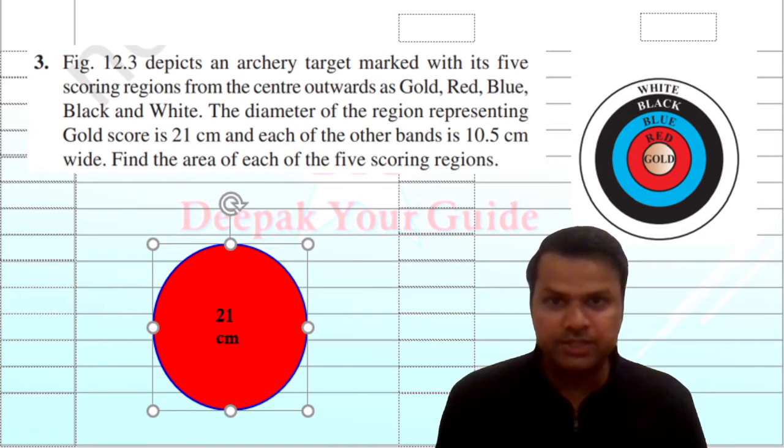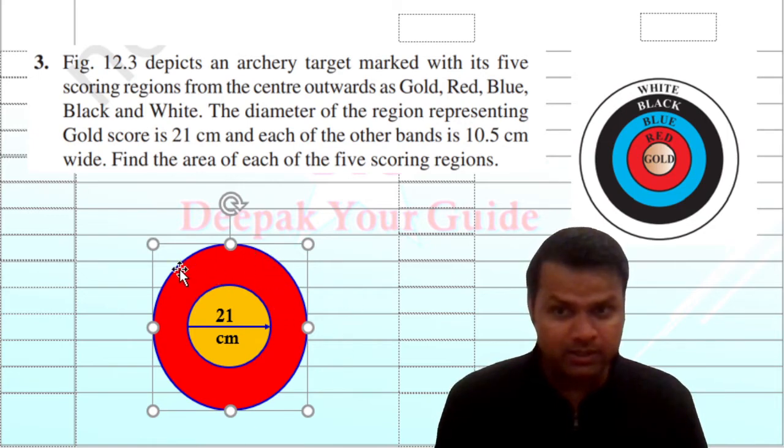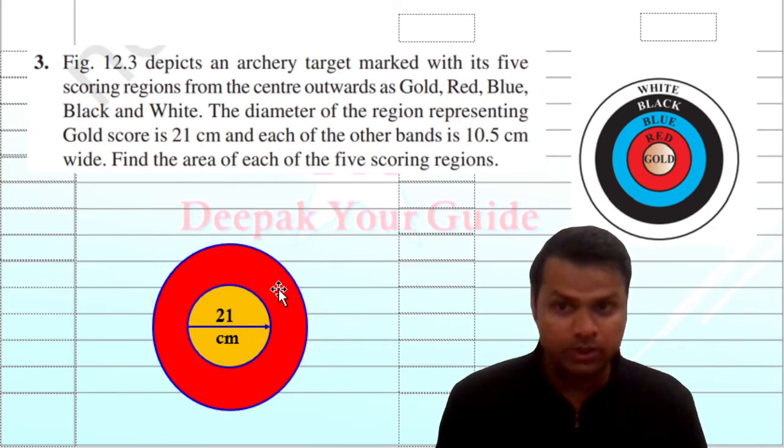Let's do the magic here so we can see the gold as well. Now the gold is visible and the red also. The only portion that you see in the red, that is one band. So other bands means this is one band, the red. And now they are saying that this band is 10.5 centimeters wide.